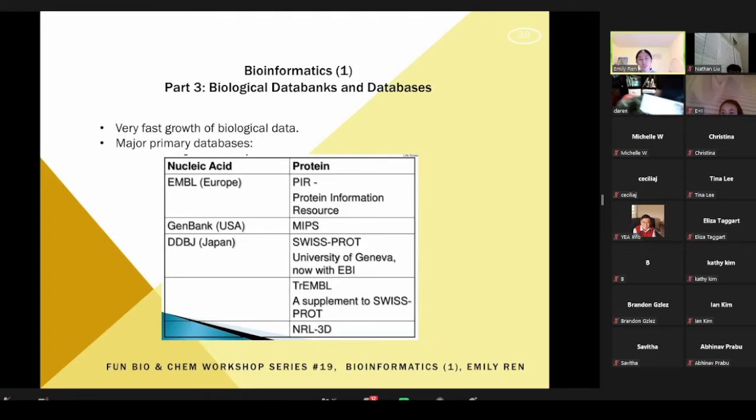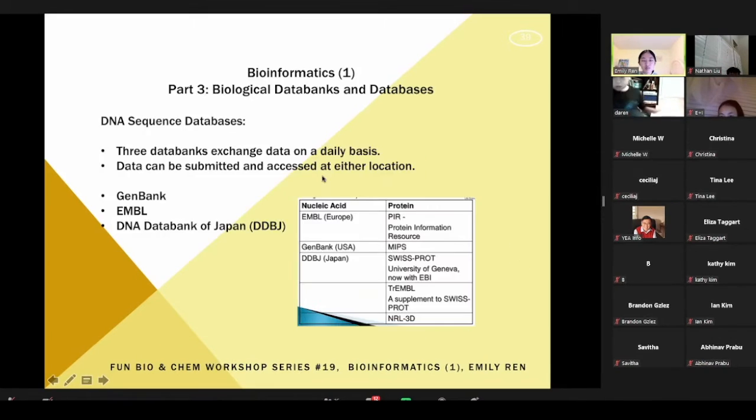And for protein databases, there's the PIR, which stands for Protein Information Resource, MIPS, SwissProt, and others. For DNA sequence databanks, the three databanks exchange data on a daily basis, and data can be submitted and accessed at either location. So these are once again the three DNA sequence databases.